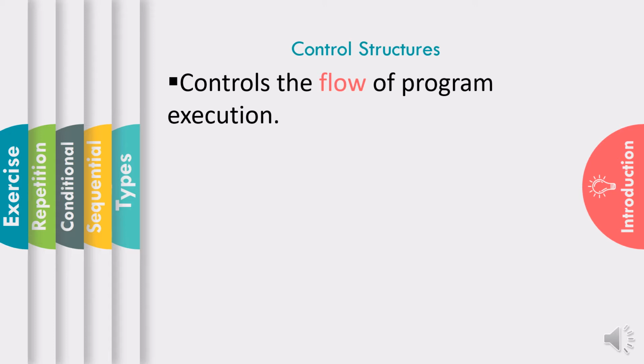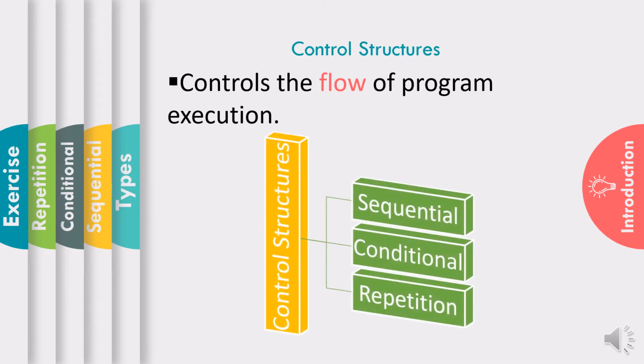We know that there are three types of control structures in C++: sequential, conditional, and repetition. Conditional control structures are those control structures in which some type of decisions are involved.